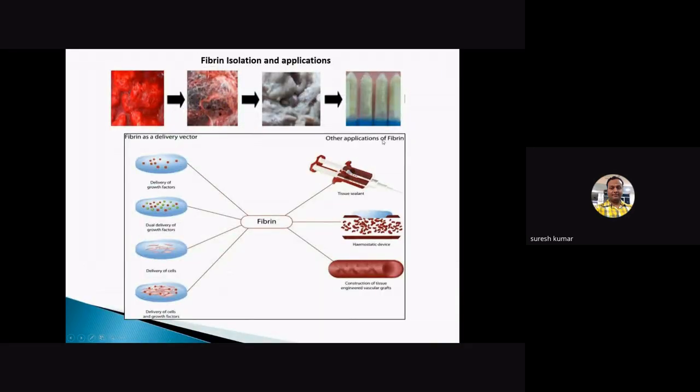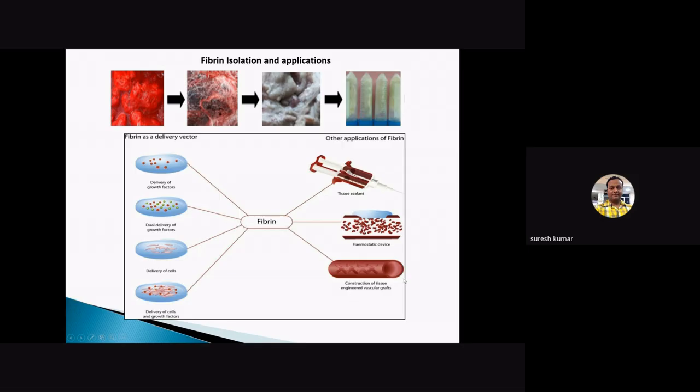And one of the important materials is fibrin. Fibrin is involved in the angiogenesis process. It will help in new blood vessel formation. And moreover, fibrin acts as a delivery factor. Apart from our wound healing study, commercially available fibrin is used by clinicians as a tissue sealant in surgery, and in hemostatic devices to control bleeding.